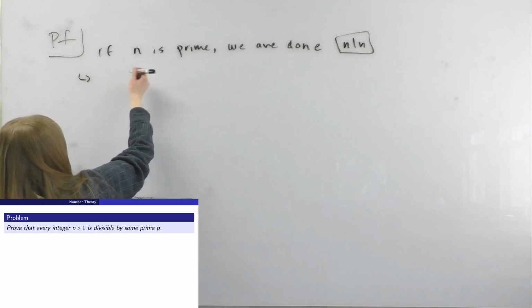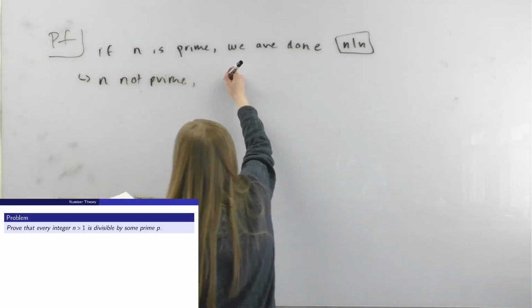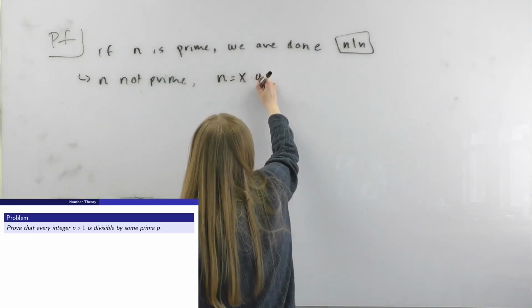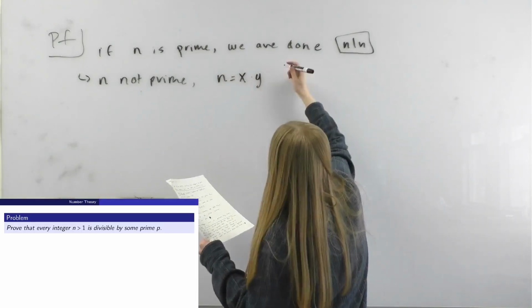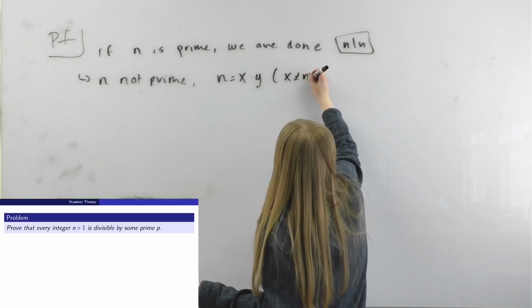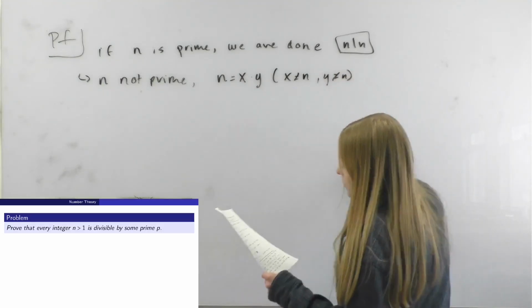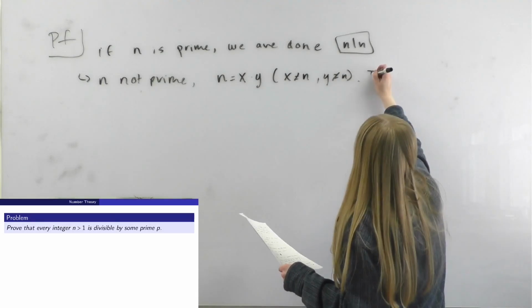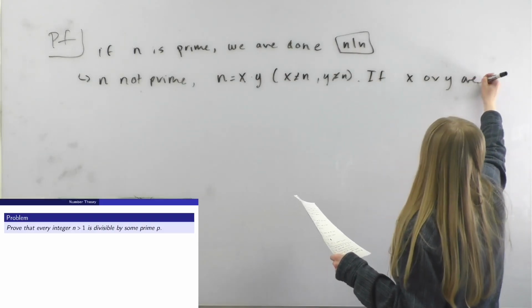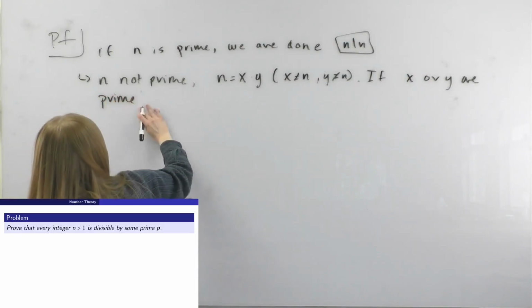But if n is not prime, we can let n be the product of two integers x and y, where we can just let x not equal n and y not equal n, right? Otherwise, we'd be in a prime situation. If x or y are prime, we're done.